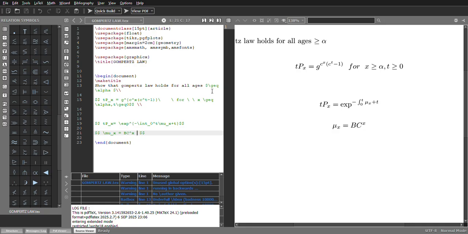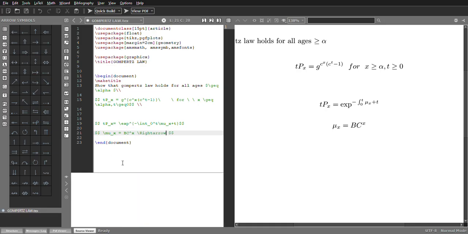So this implies that we will have mu x plus t, because mu x plus t is what we have there. Let me place it here so that it can be visible.